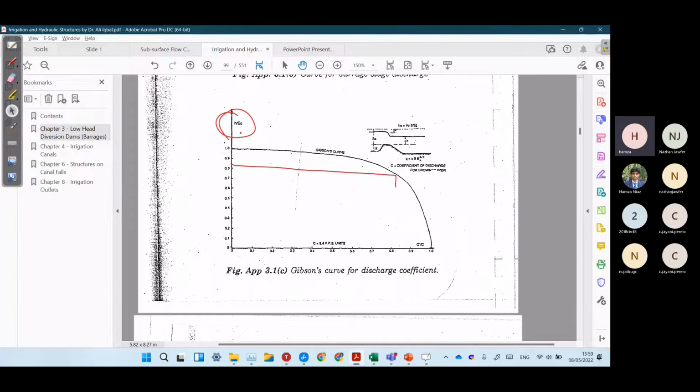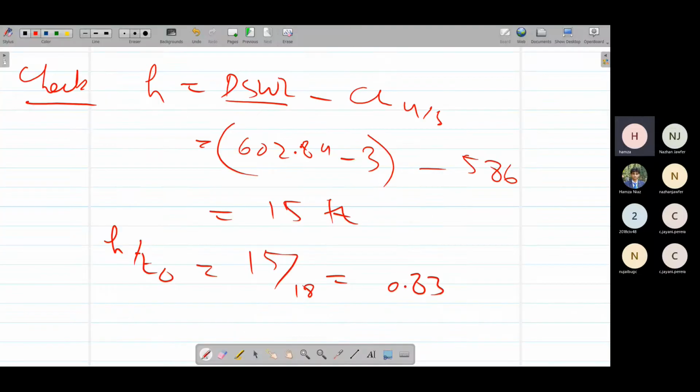For 0.83 value, we get approximately this one value. So for 0.83, we'll get C dash over C as 0.75 from Gibson's curve.